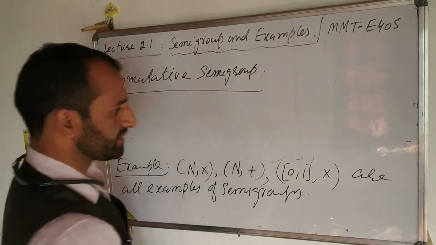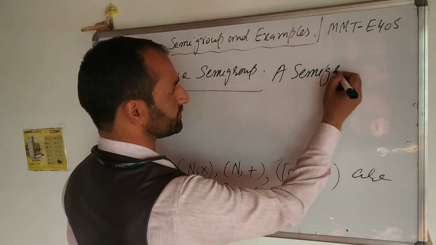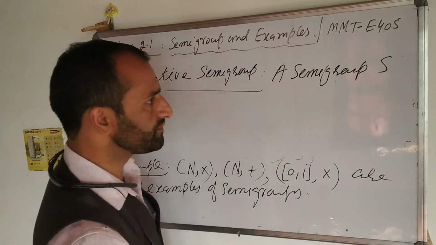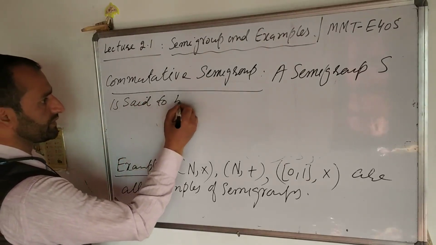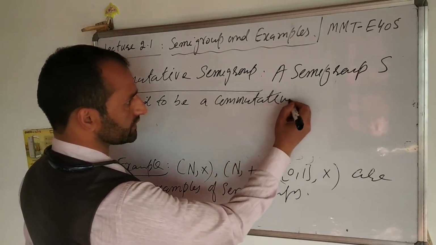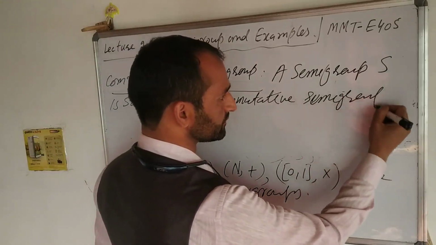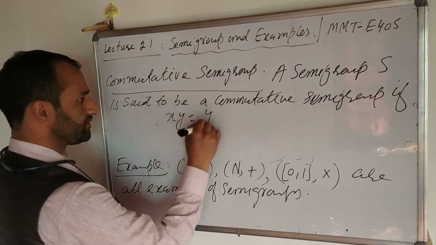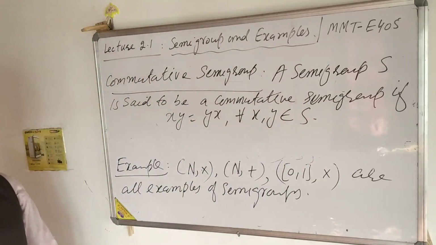A semigroup S, with a multiplicative binary operation, is said to be a commutative semigroup if xy is equal to yx for all x, y belonging to S. So when do we call it commutative?